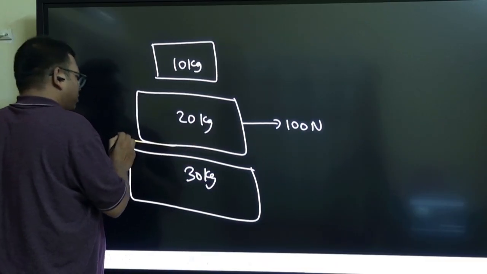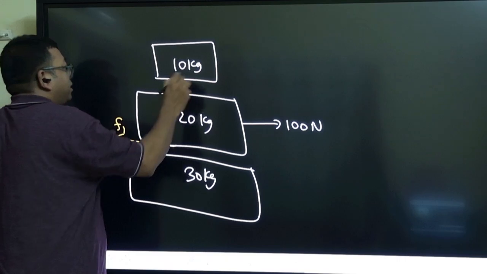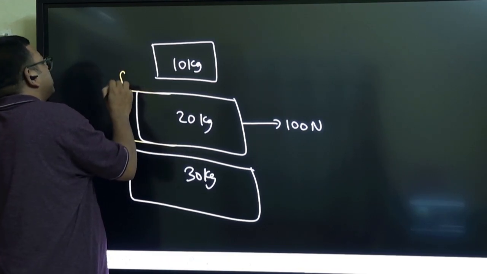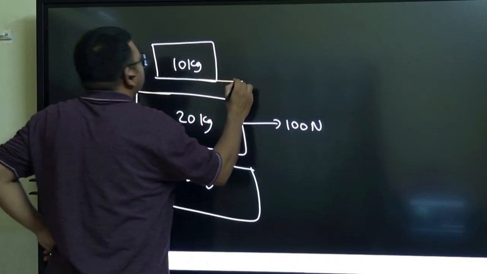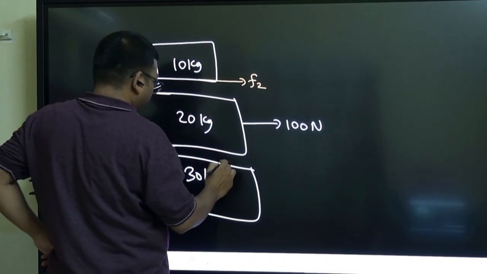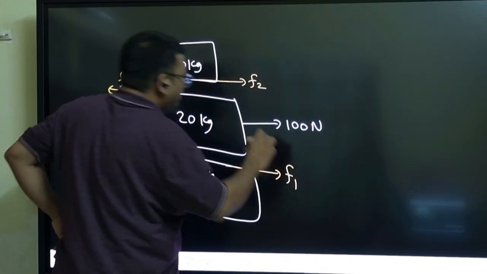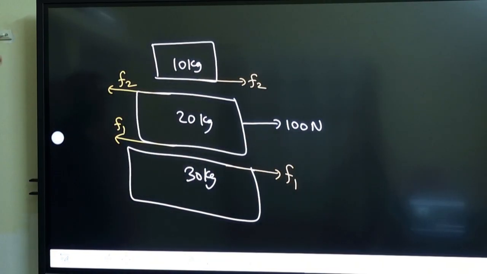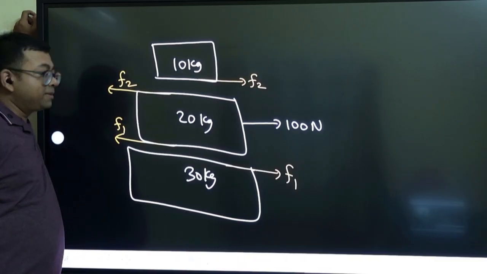So this friction F1 will act here, F2 will act like this, this F2 will act here, and this F1 will act like this. First we need to understand friction directions. Are you clear about this?